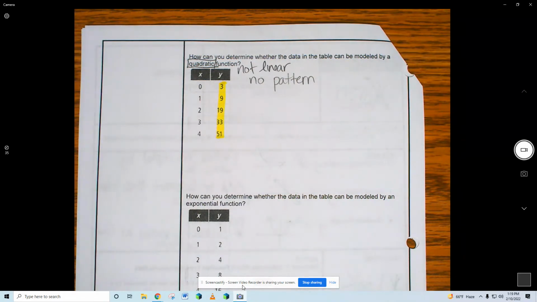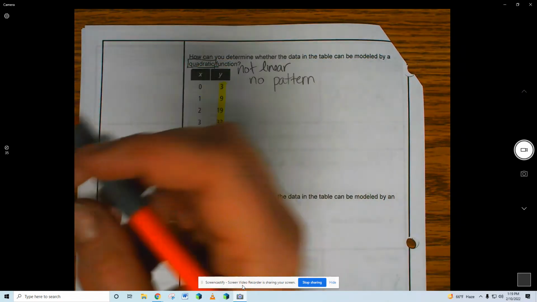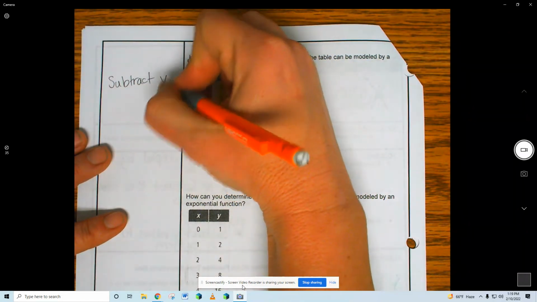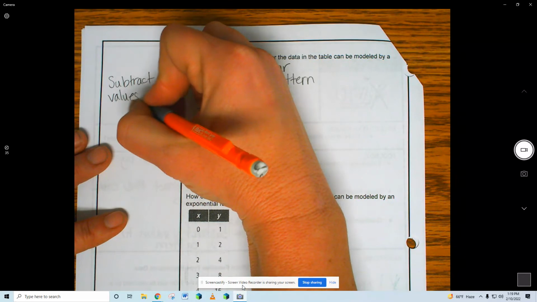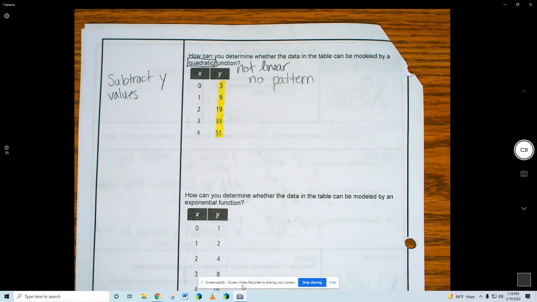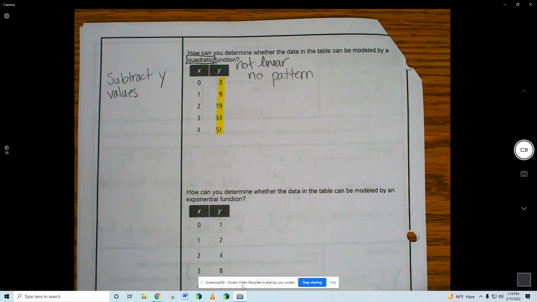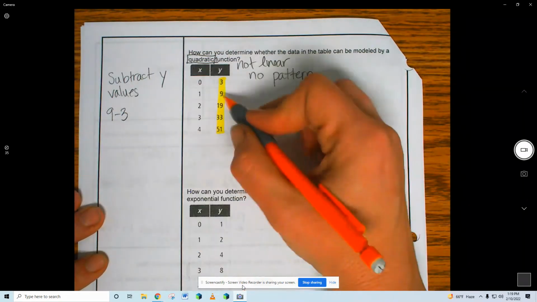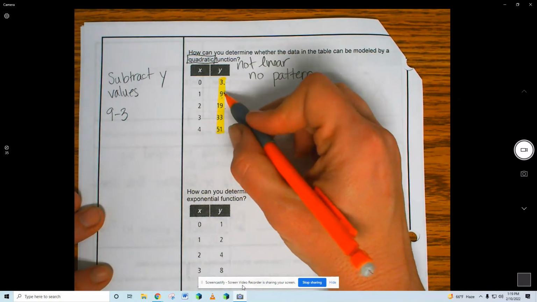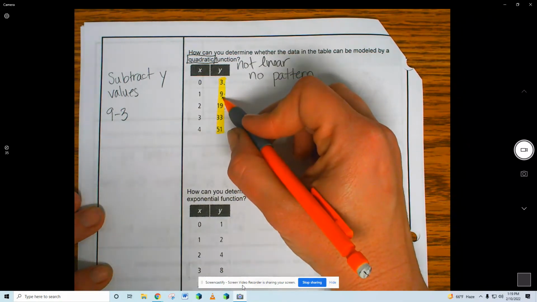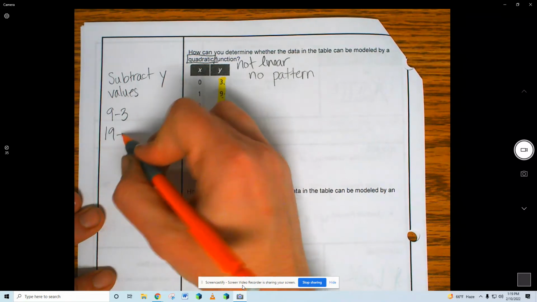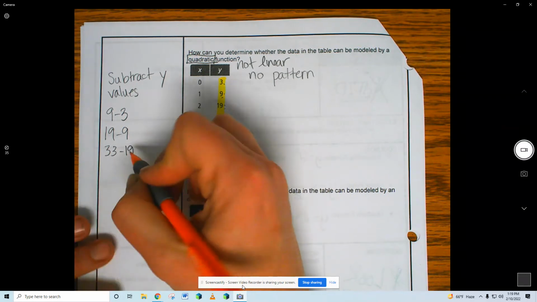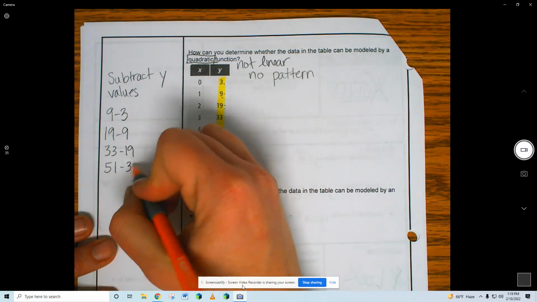So, no pattern. I am going to subtract the y values. I kind of do it in reverse order. 9 take away 3. 19 minus 9. So I'm subtracting the two y values. 33 minus 19. 51 minus 33.